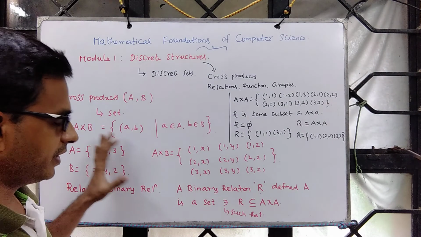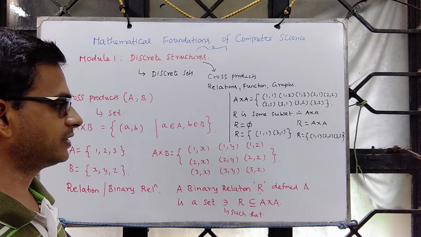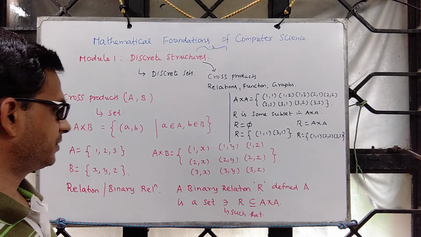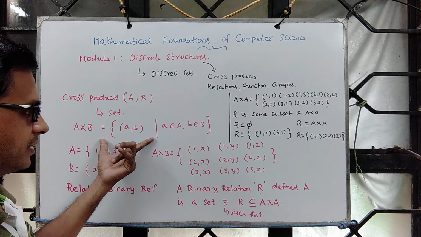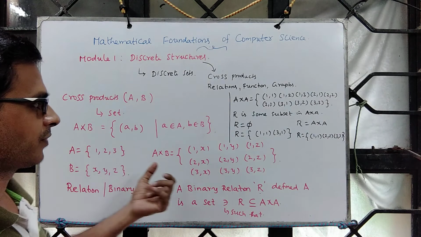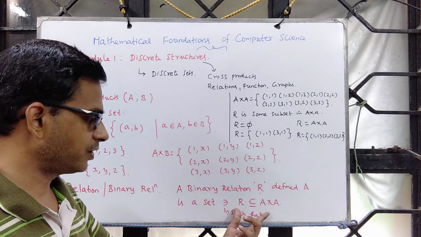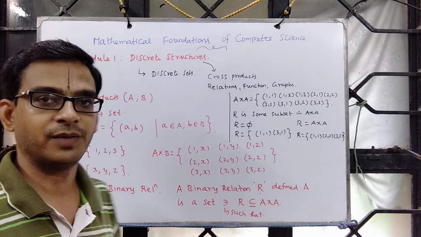And having seen sets, cross products and binary relations, the first thing you must observe is that there is a formal way of writing statements like this, and a formal way of writing the definition of, say, cross product or relation and so on.